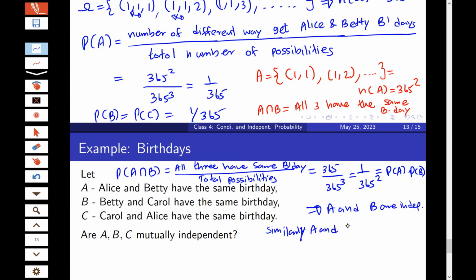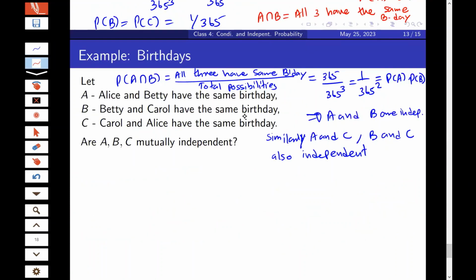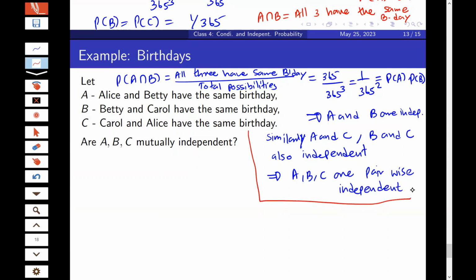This implies A, B, C are pairwise independent. So that's the answer for the first part of the question.